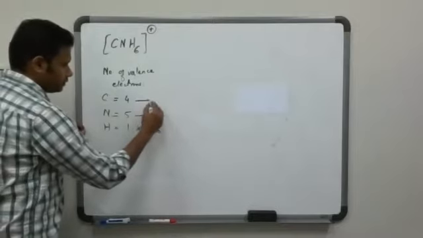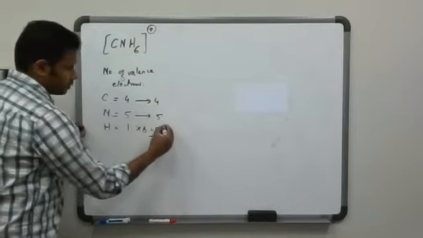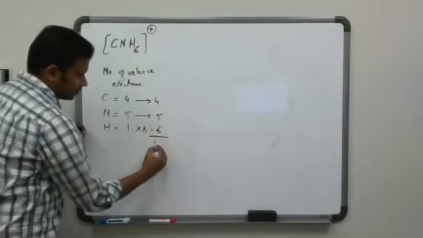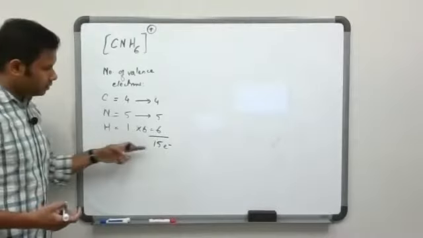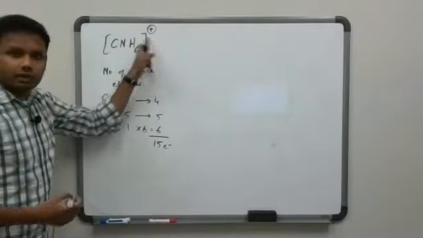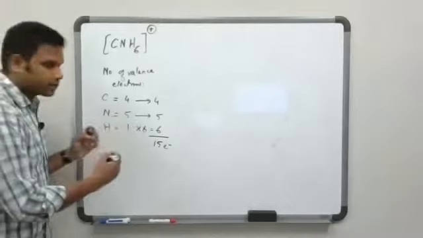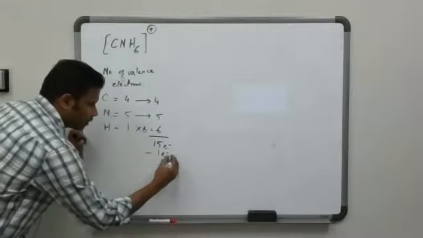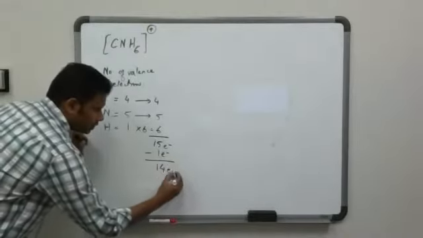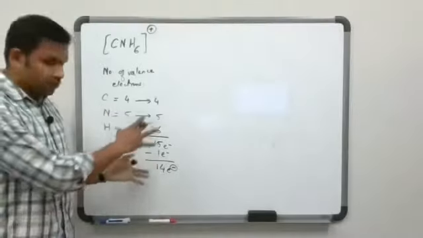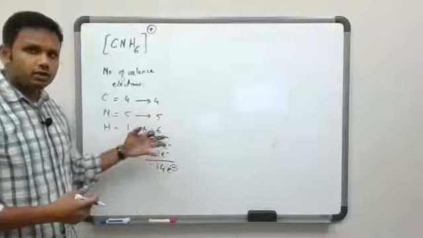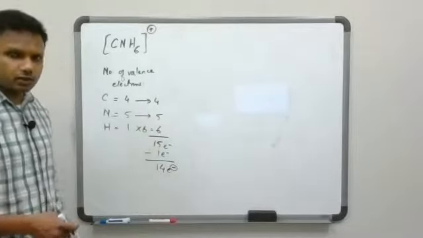This is 5, this is still 4, so you're looking at 6 plus 4, 10, 15 electrons total. But wait, there is a positive charge, so you're going to subtract an electron for the positive charge. So this is again a 14 electron system. So when we end with the molecule, there should be only 14 electrons in the system.